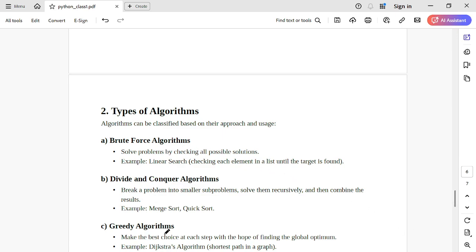Next, types of algorithms. Algorithms can be classified based on their approach and usage. First one is brute force algorithm, which solves problems by checking all possible solutions. So this is similar to a trial and error method.